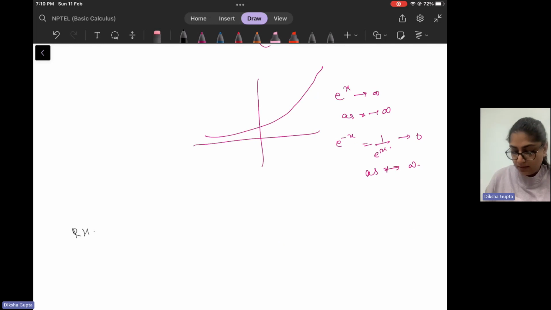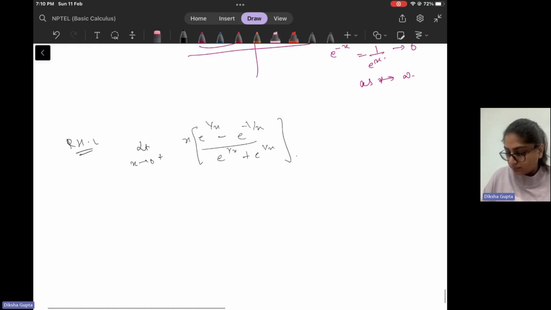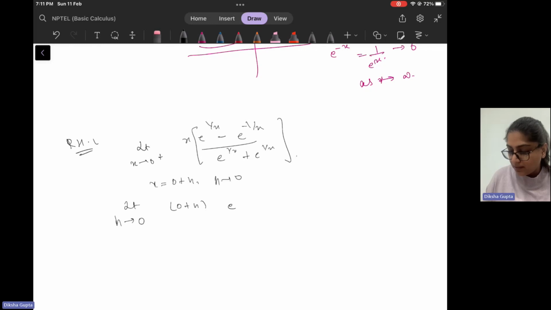So the right hand limit, firstly: the limit as x tends to 0 plus of x(e^(1/x) minus e^(minus 1/x)) upon (e^(1/x) plus e^(minus 1/x)). We convert it into 0 plus h type of thing. So x becomes 0 plus h, with h tending to 0. We get h(e^(1/h) minus e^(minus 1/h)) upon (e^(1/h) plus e^(minus 1/h)).